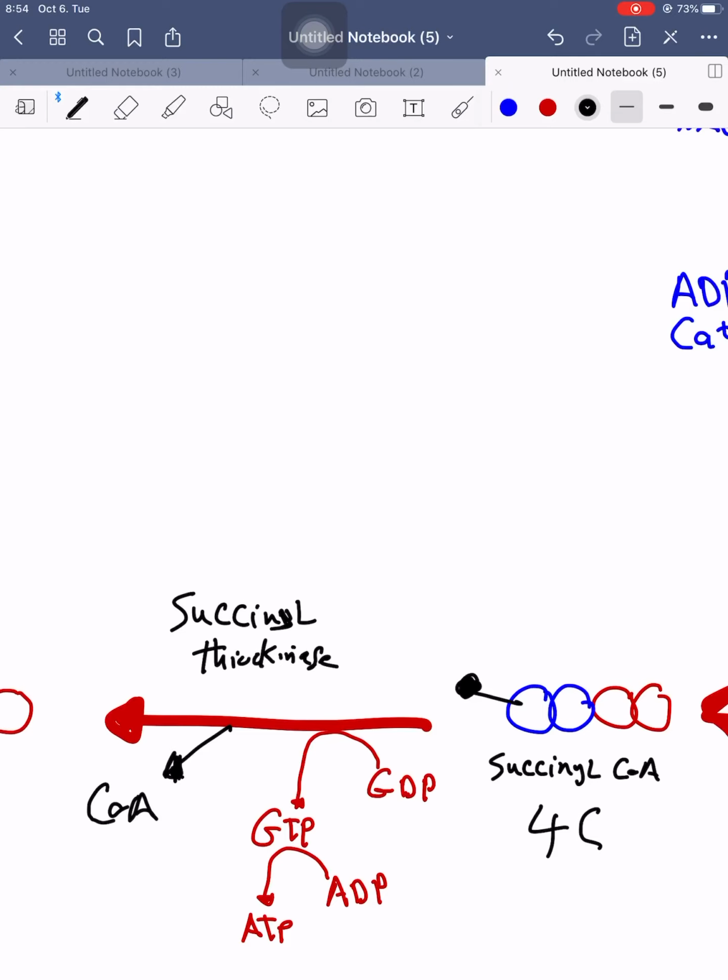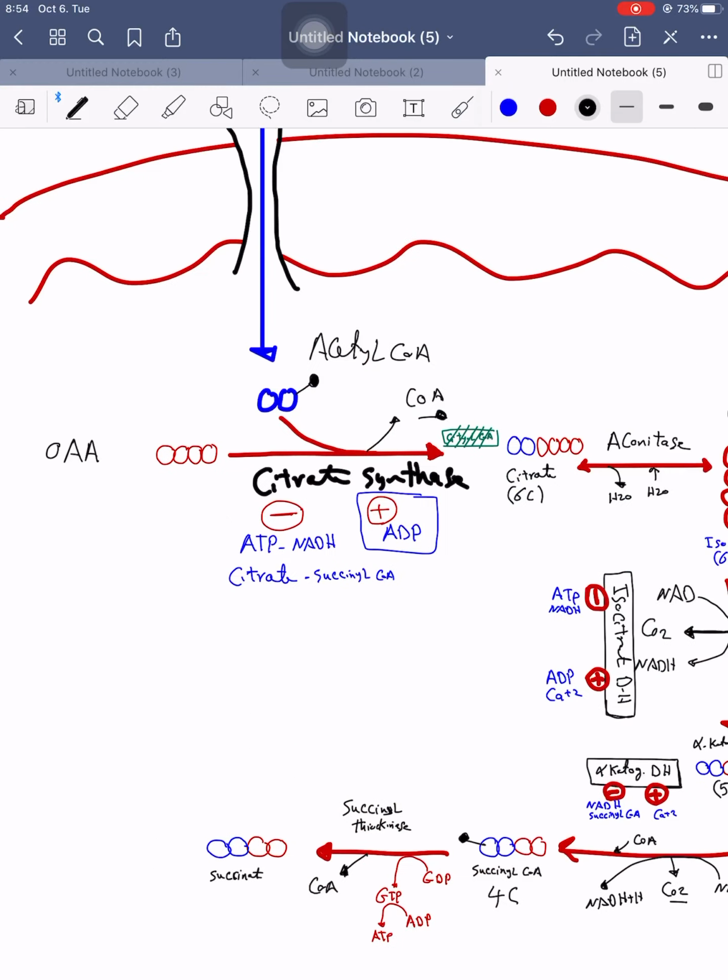Okay, so now we have succinate. Succinate is 4 carbon as well. And here is dehydrogenation, remember it. After succinate is produced, we need to make dehydrogenation for succinate, meaning I'm losing hydrogen.